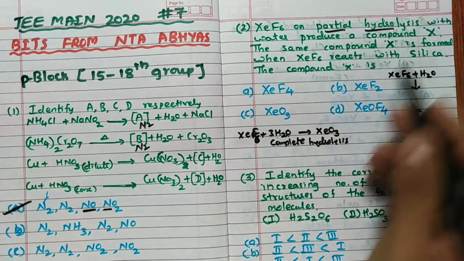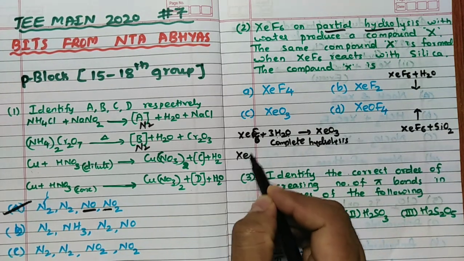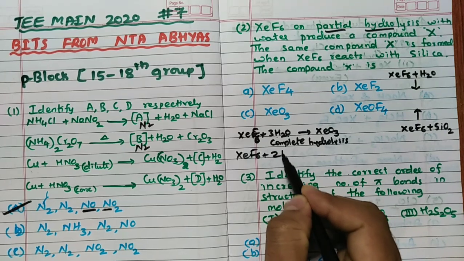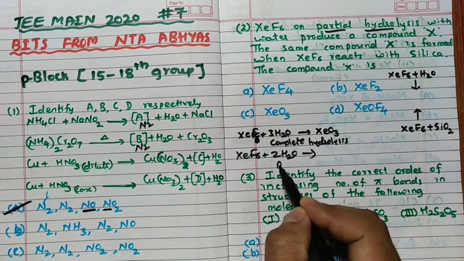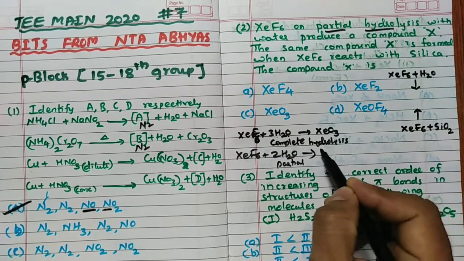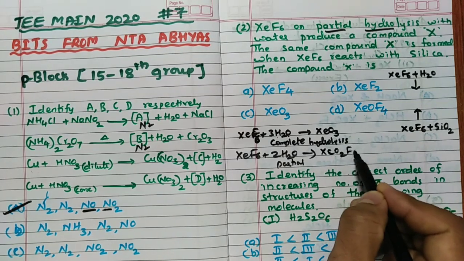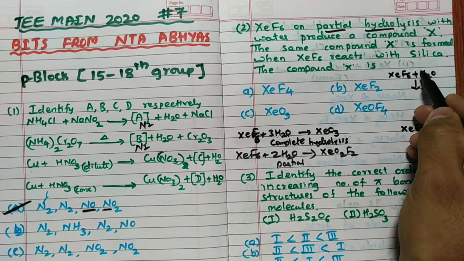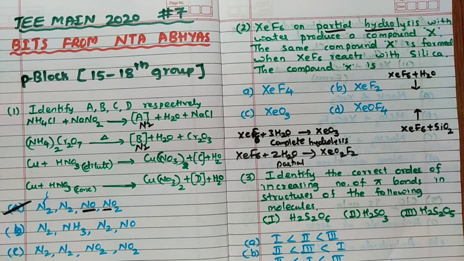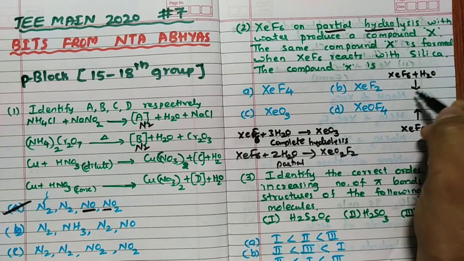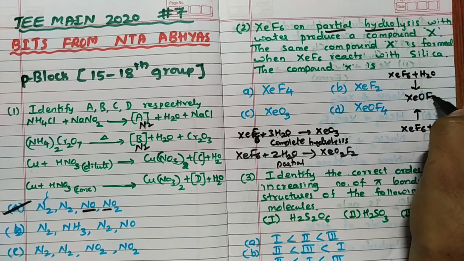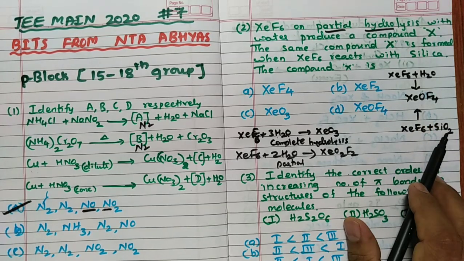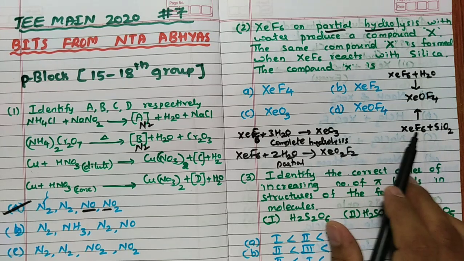Another partial hydrolysis option is there. XeF6 undergoing partial hydrolysis with 2 water molecules, you are going to get XeO2F2. The third one is with 1 water molecule, so the answer should be XeOF4 only. When it reacts with SiO2 also, you get XeOF4 plus SiF4.